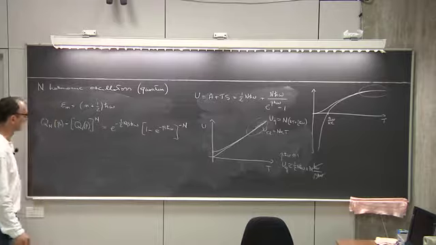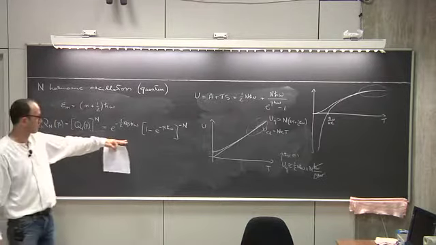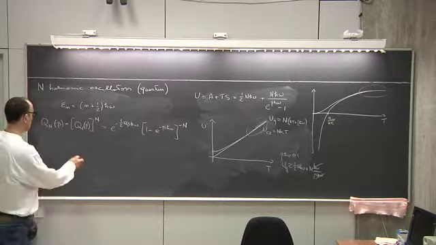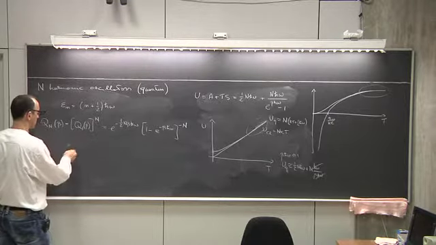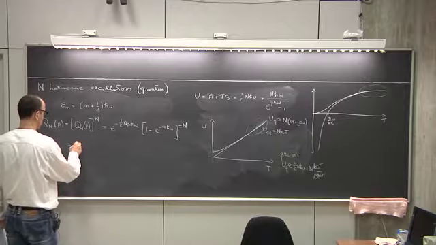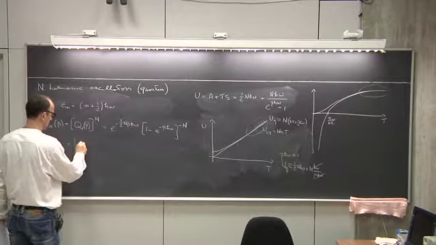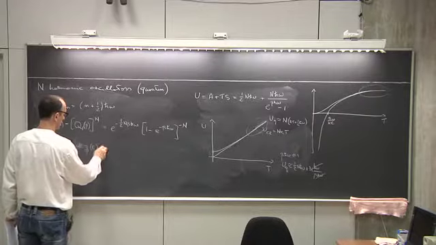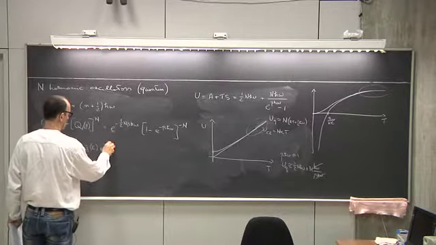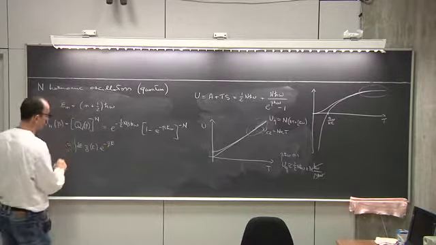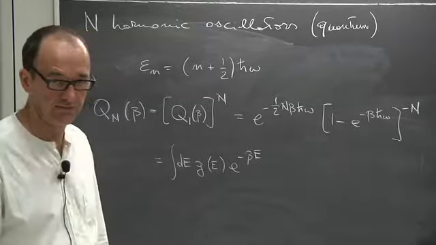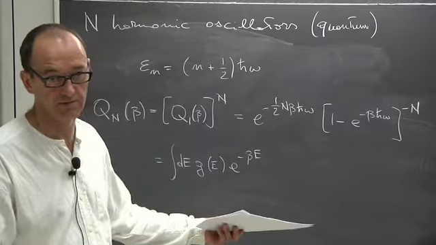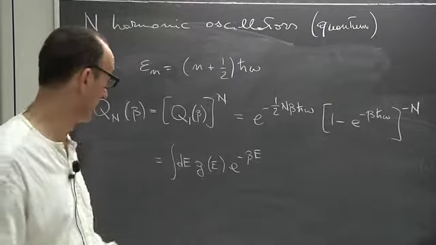So we want to put this expression in the form of an integral over the density of states of e to the minus beta E. Actually, since we have a quantum system, this will not be an integral, it will be a sum, because the energy levels will be discrete.